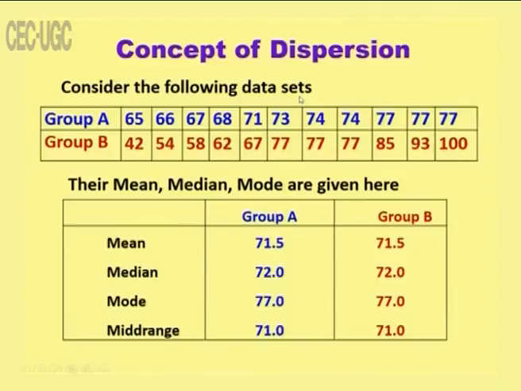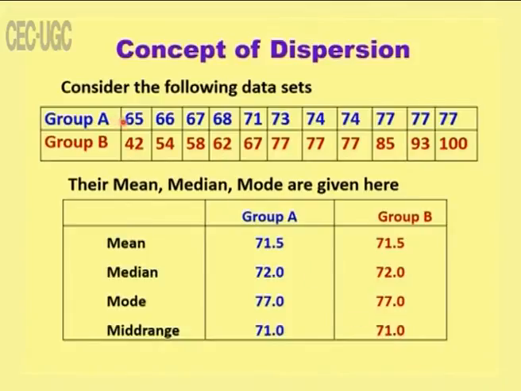Now, let us consider the data. Consider the following data set. There are 2 groups given, group A and group B. In group A the values are like 65, 60 and so on, and these are the values for group B. Now, if you calculate the mean, the median, the mode and the mid range for groups A and B, you can see all the values are the same.